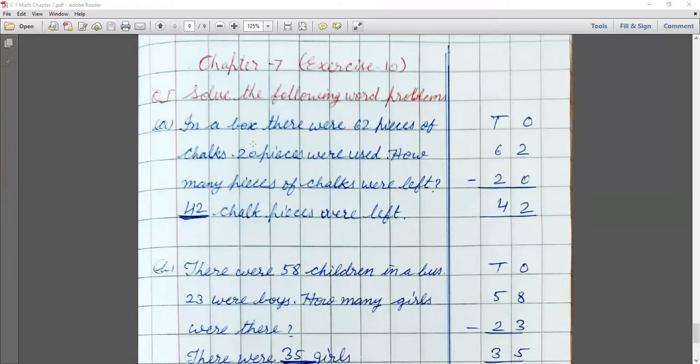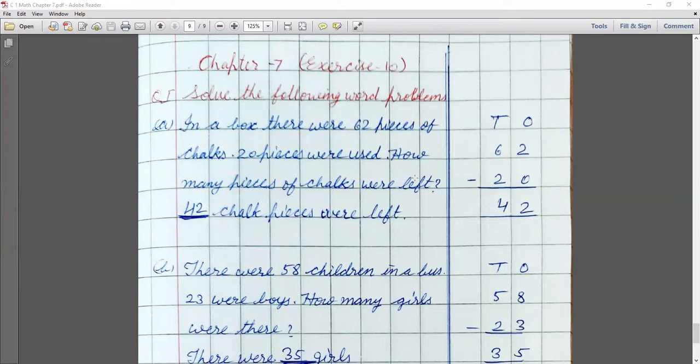In a box there were 62 pieces of chalk. There is a box with 62 pieces of chalk inside. 20 pieces were used, so we took 20 pieces of chalk and used them. How many pieces of chalk were left? Now how many chalks are left inside?